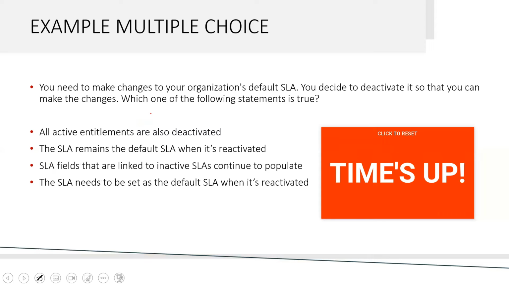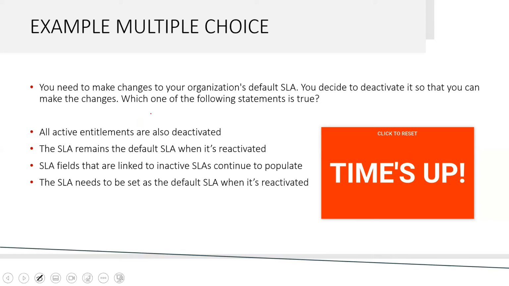Then we have another question in line talking about you need to make a change to your organization's default SLA and you decided to deactivate it so that you can make the change. Which of the following statements is true? Option 1, all active entitlements are also going to be deactivated.